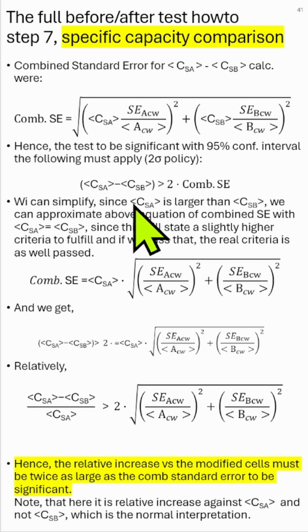Since the measured specific capacity after modification, we at least expect that to be larger, and we also showed in the data it is larger than the before modification specific capacity, then this criterion that we must fulfill to say that it is statistically significant, we can simplify by replacing the before mean value specific capacity with the same value as the specific capacity afterwards.